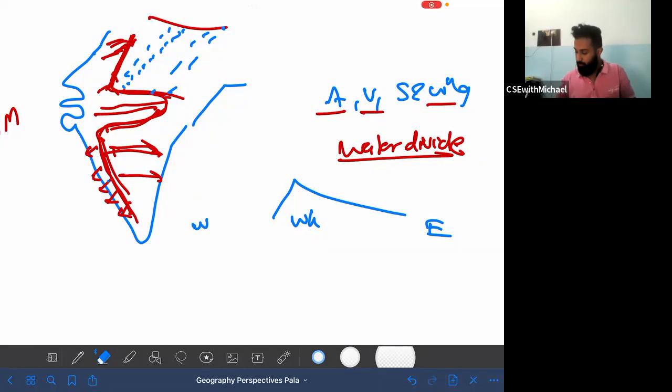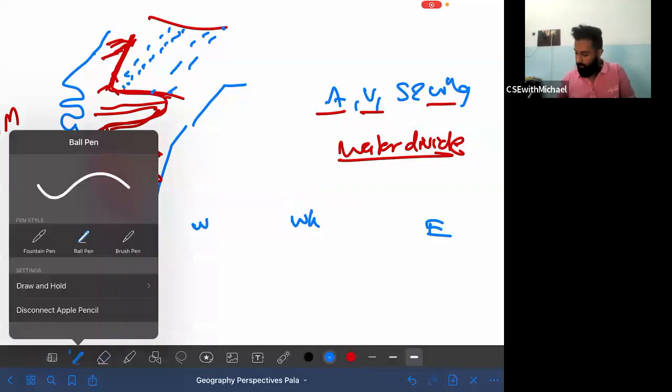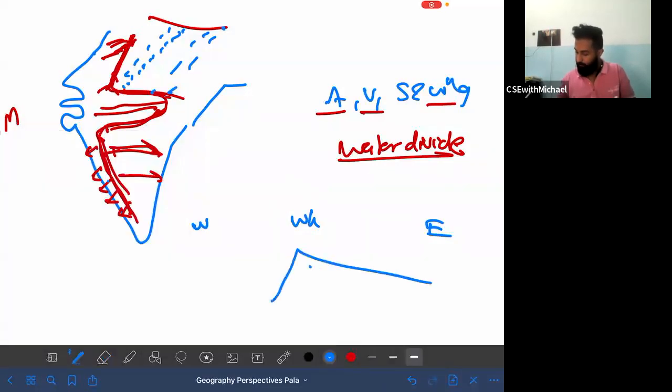So these rivers, if you look at it, the Western Ghats is steeper. The slopes are steeper towards the western coastal plain.